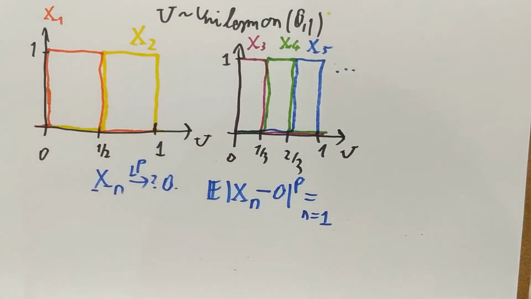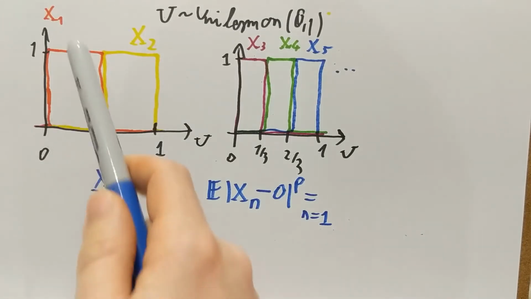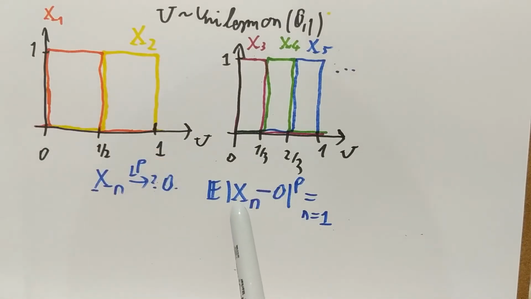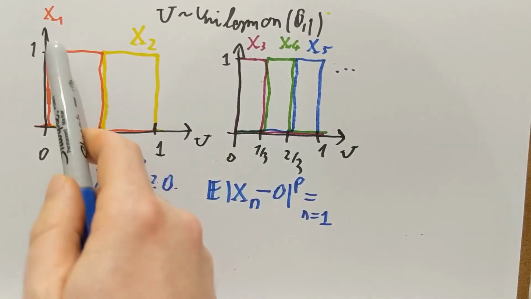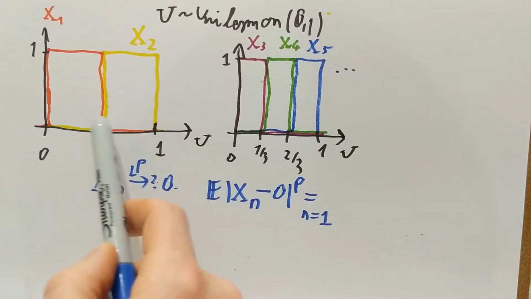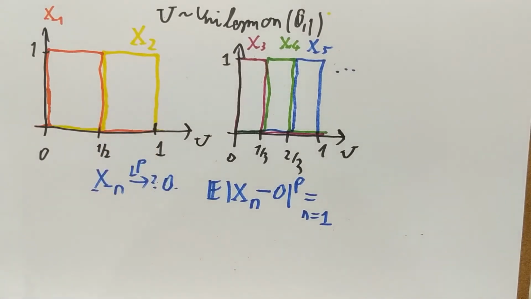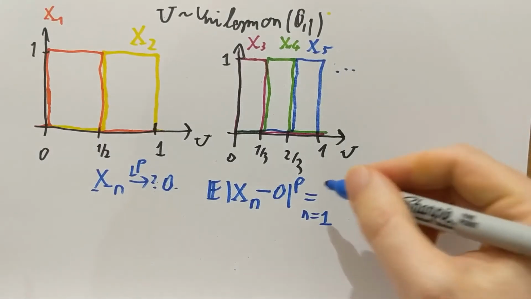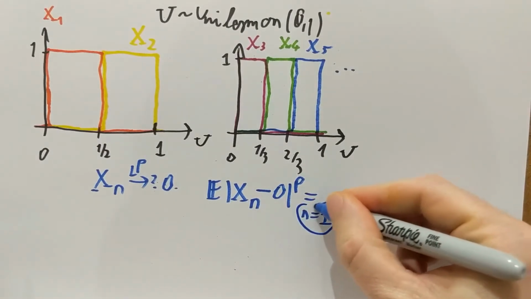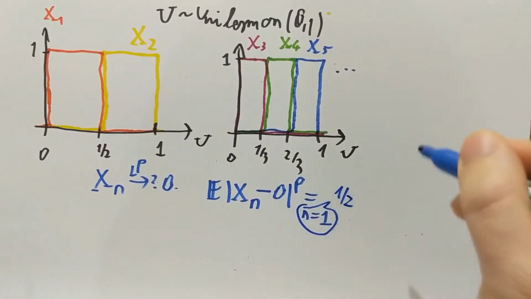In fact, all the Xn's are 0 or 1. When X1 is 0, I have 0 under the expectation. When X1 is 1, then I have 1 minus 0 to the p, which is 1. So it's 1 times the probability that X1 is 1. U is uniform between 0 and 1, and X1 is 1 on an interval of half length. So for n equals 1, I get 1/2.